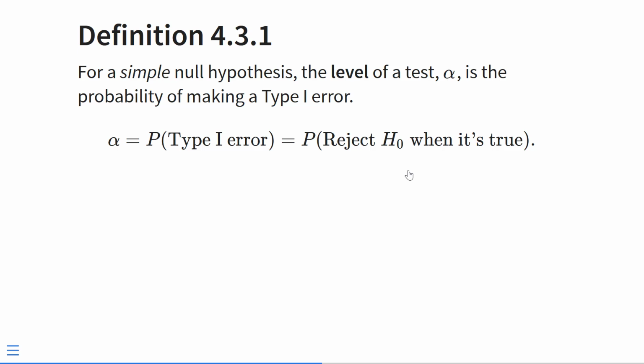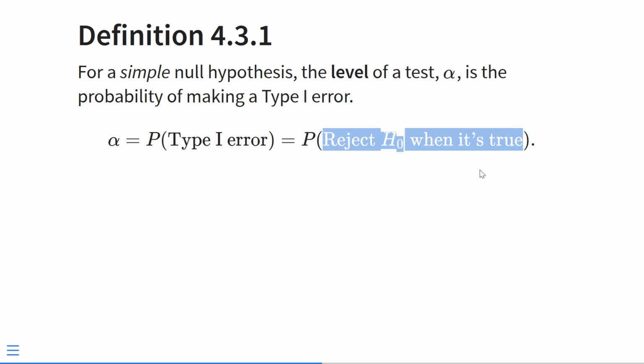For a simple null hypothesis, the level of a test, alpha, is the probability of making a type 1 error. So alpha is the probability of type 1 error, which is the same thing mathematically as the probability of rejecting the null hypothesis when in fact the null hypothesis is true.